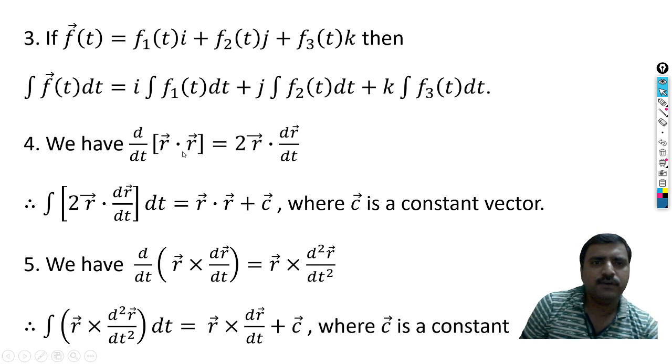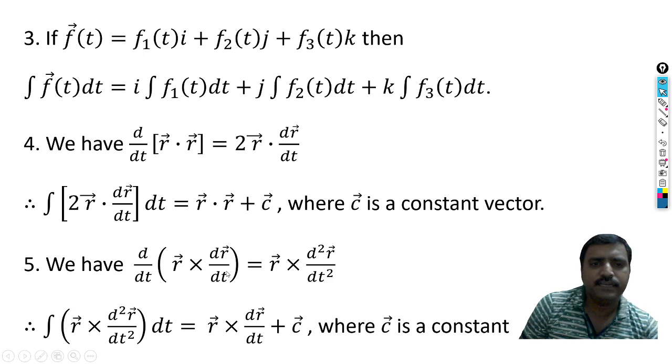And also we have d by dt of r dot r, where r is the position vector at any point on the curve. You can take r equal to xi plus yj plus zk. In that case, d by dt of r dot r is equal to 2r dot dr by dt. So the integration of 2r dot dr by dt is obviously r dot r, that is r dot r plus constant.